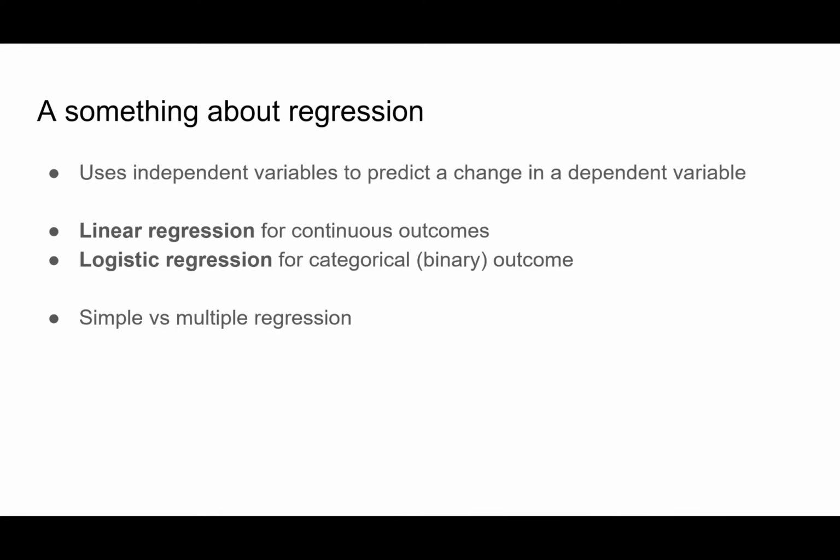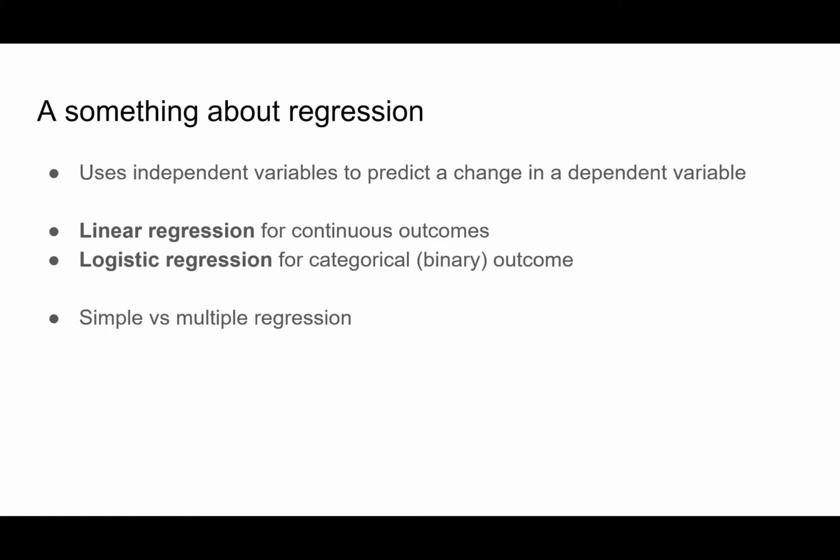A simple regression is using one independent variable to predict the outcome variable, but multiple regression is using multiple independent variables to predict the dependent variable, and using multiple predictive variables is something that regression, linear and logistic, allows us to do.